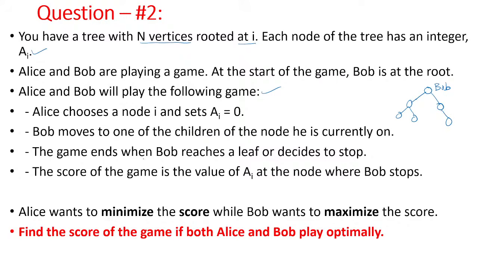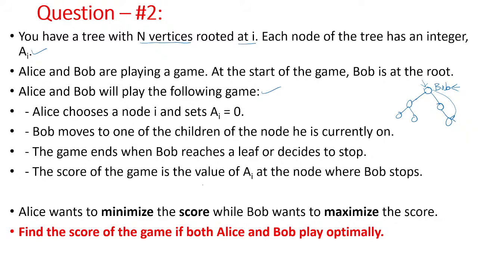The game ends when Bob reaches a leaf or decides to stop. Bob will be at the root node at the beginning of the game. If Bob reaches one of the leaf nodes, then the game ends. Or if he decides to stop at some node, then also the game ends.